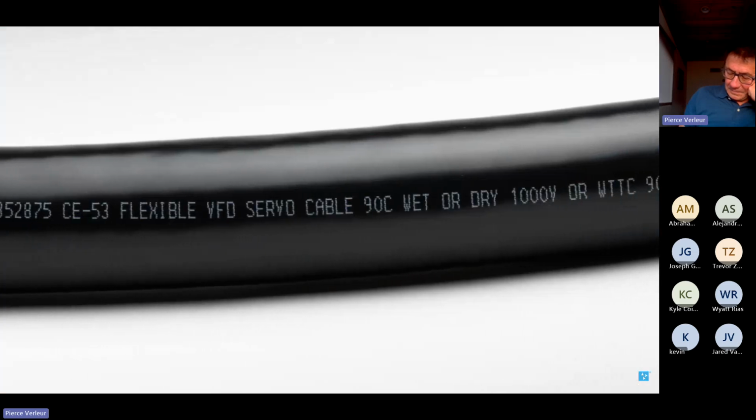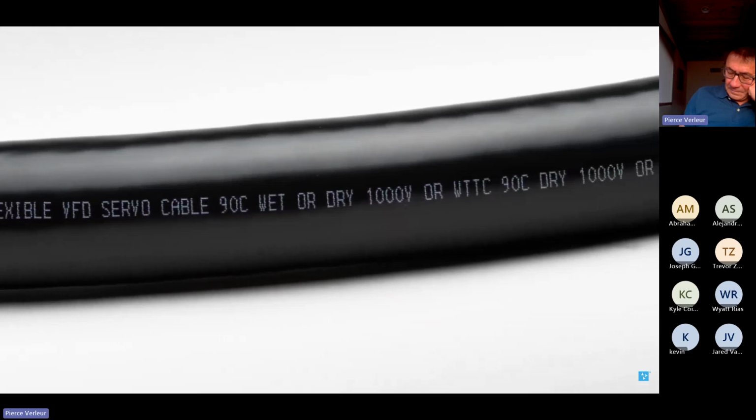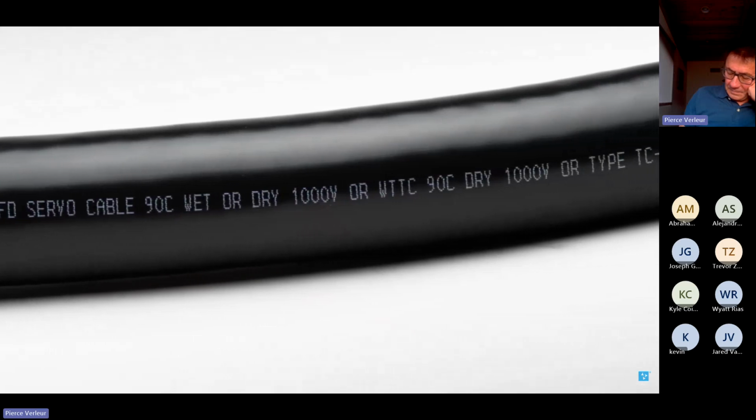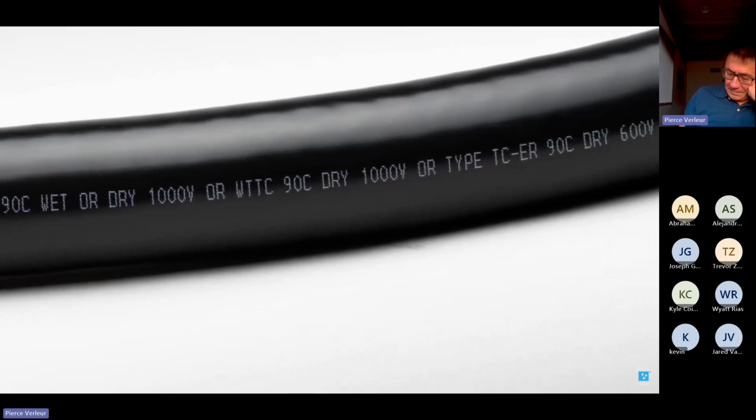This flexibility allows for fast and easy installation, even in applications that have tight bending radii. All Lutze DriveFlex products are UL listed for the intended use between a VFD and a VFD motor. They're also listed as power tray cable. Depending on the model you select, DriveFlex has a variety of other listings that covers a broad range of applications.